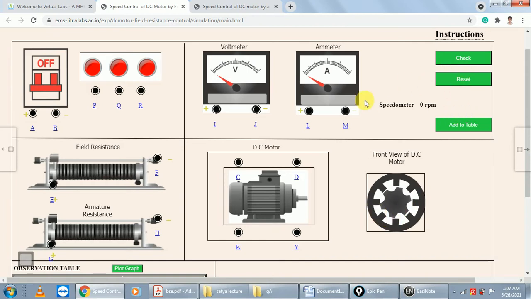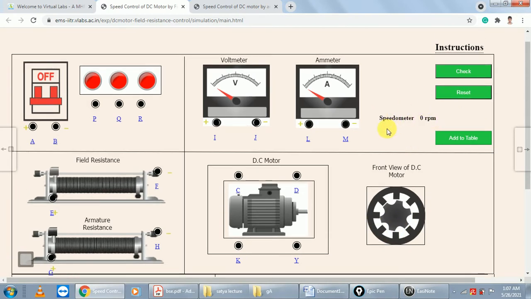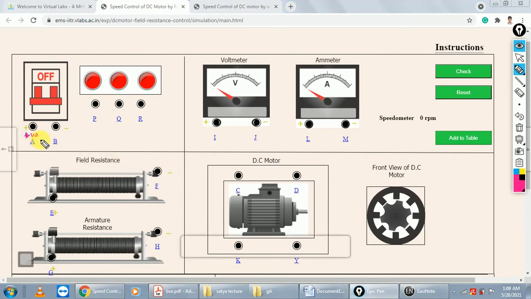And this shows the speedometer reading. So first step is, this is A and this is B. This is the positive terminal of MCV.